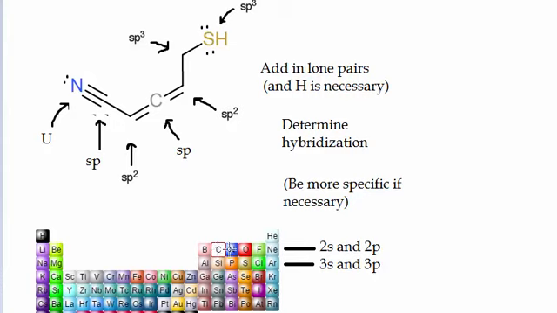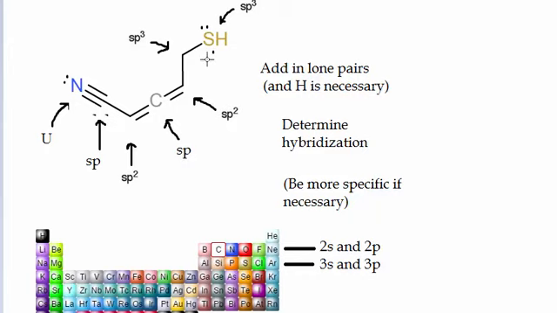If you're in the second row, carbon is using the valence orbitals 2s and 2p. So we could call this a 2sp hybrid orbital because it's hybridizing its 2s and its 2p.